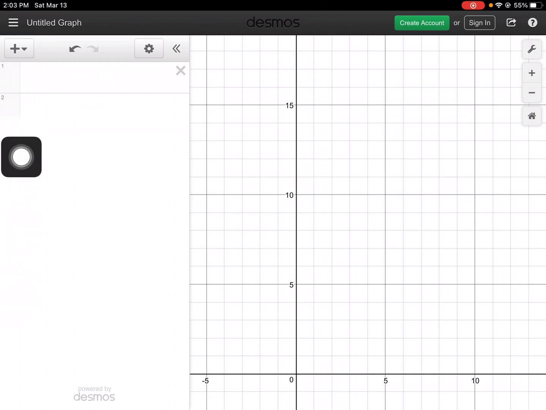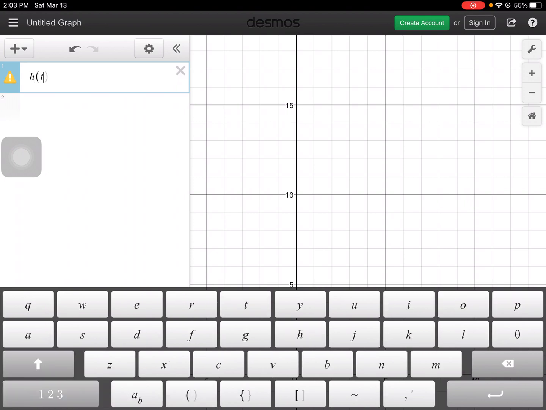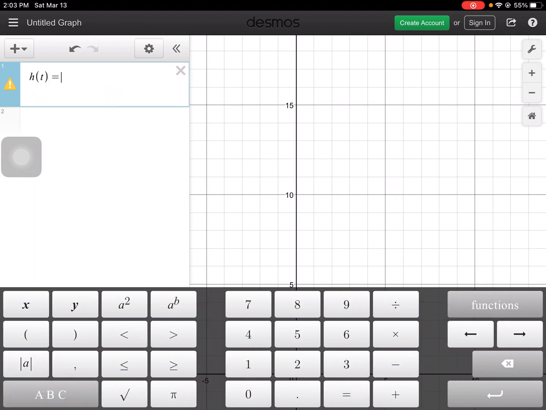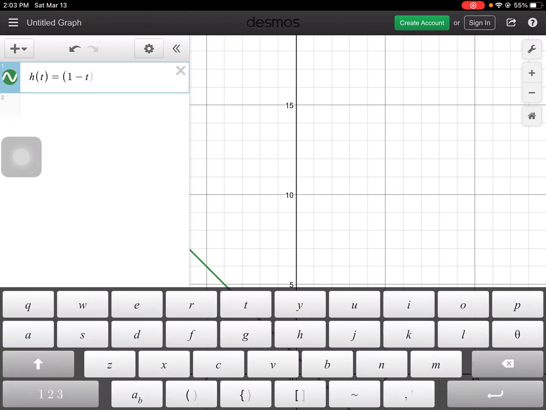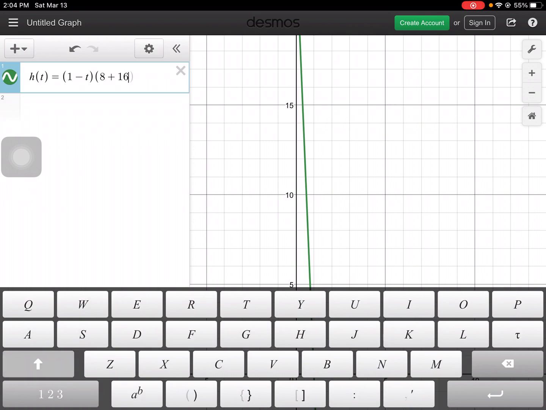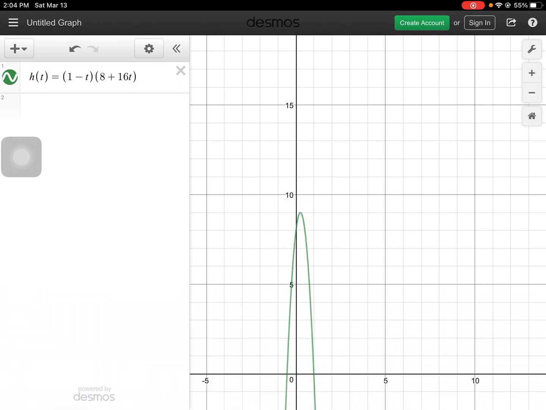The function reads h of t, so we go to our keyboard and do h of t, then equals, and we want our left parenthesis here, and it's 1 minus t times 8 plus 16t, and parentheses. And so here's our graph.